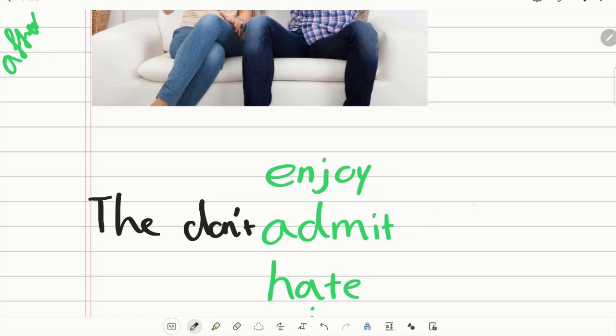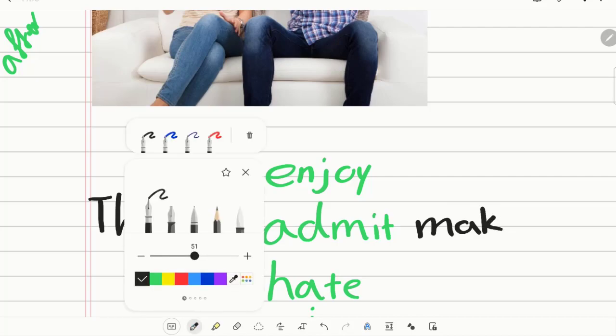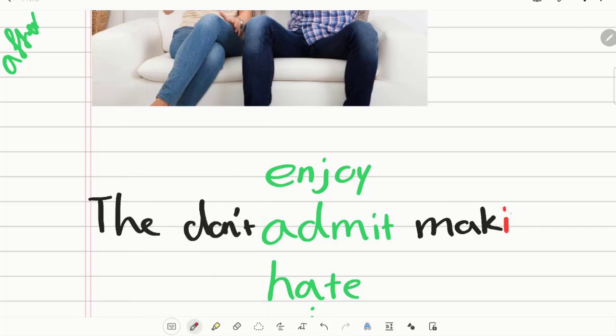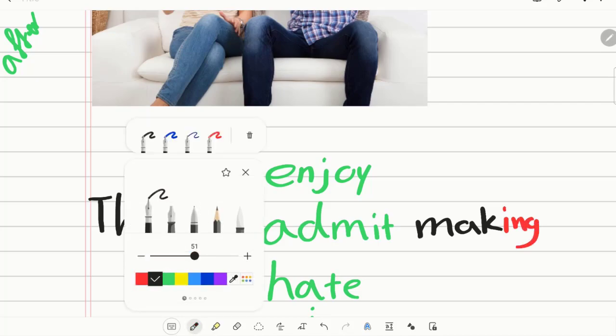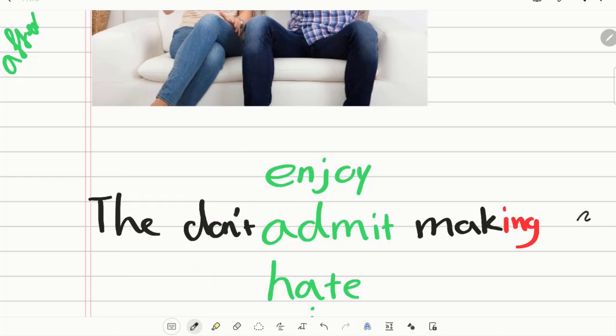After admit, I told you we use a gerund. Making. Here we use ing. Making, for example, a mistake. So in this case, we can say they don't admit making a mistake.